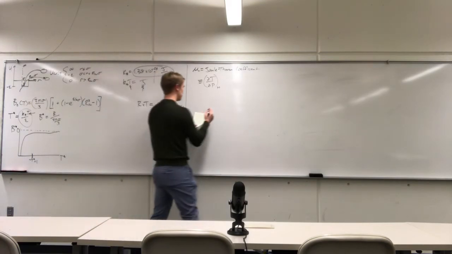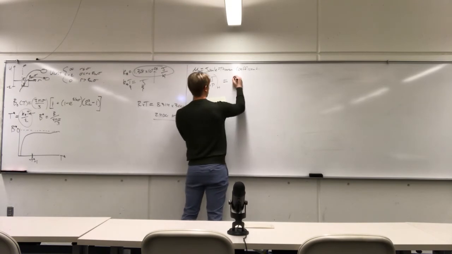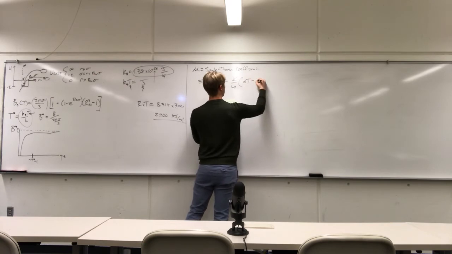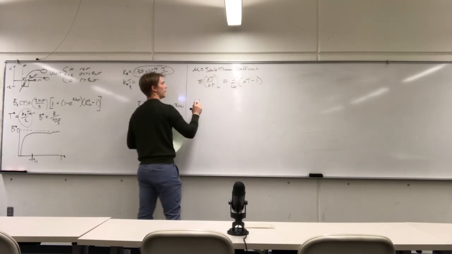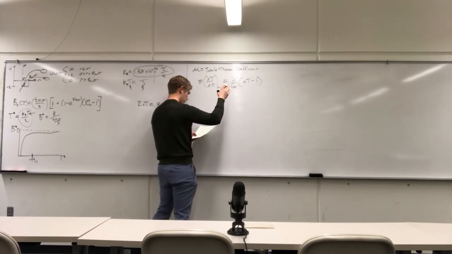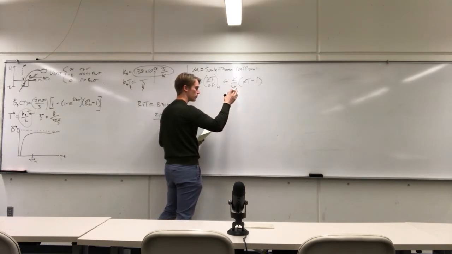Okay, the reason for that is that the Joule-Thomson coefficient is basically 0 for an ideal gas. So alpha is the, what is alpha? Yeah, it's the thermal expansion coefficient.